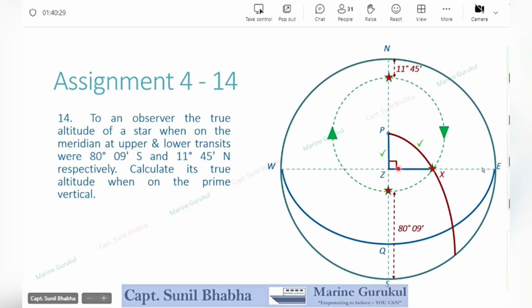So you apply Napier's rule and you find the side ZX. ZX is nothing but the true zenith distance of the star. 90 minus ZX is going to give us the altitude EX. EX is the altitude of the star. It is 90 minus ZX and it comes out to be 60 degrees 20.4 minutes.